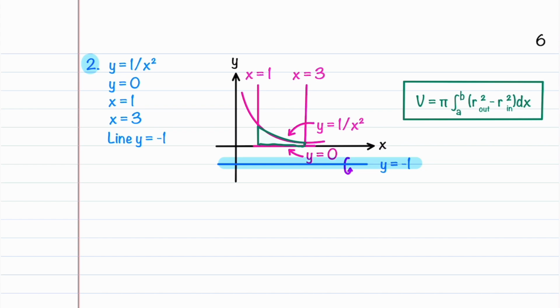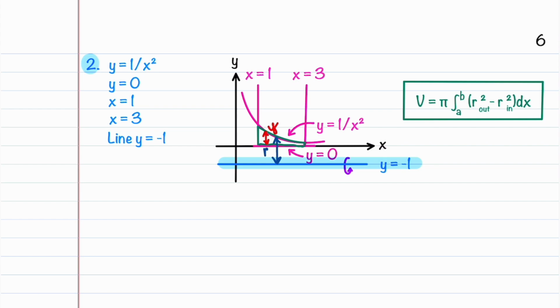The first thing that we want to do is find the outer radius and the inner radius. We'll find the outer radius first, and then the inner radius will be in the same format as the outer radius. This is the outer radius. We'll mark that as r. And notice that this length is equal to y.